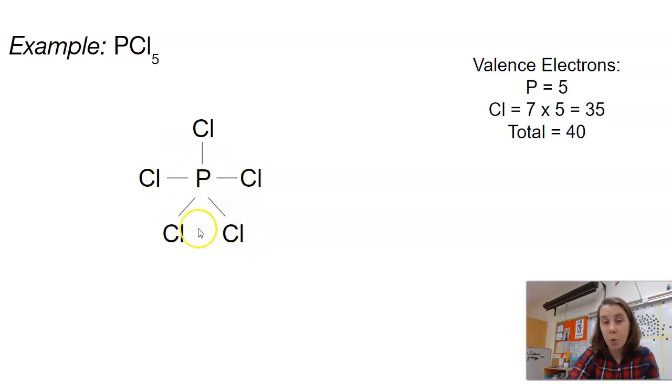So it has more than 8 electrons, which is an expanded octet, and anything that is in the 3rd row or lower is able to do this, all right? And that is because it has available to it d orbitals, all right? So if it's in the 2nd row, the highest energy level is going to be 2, all right?